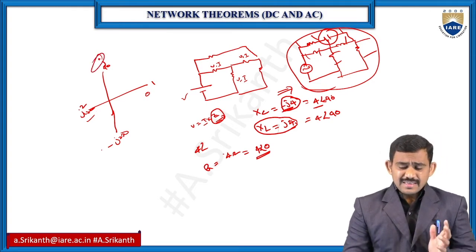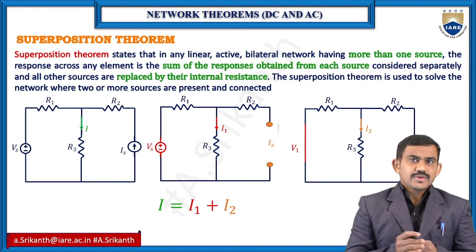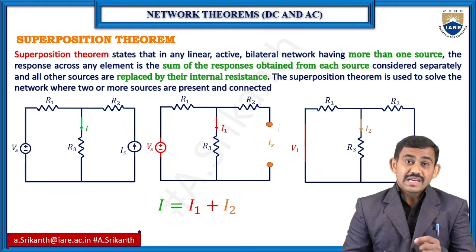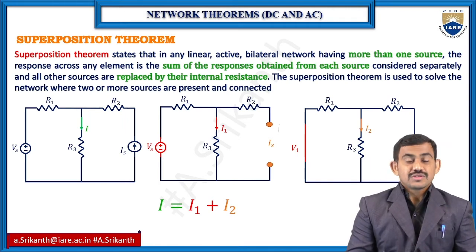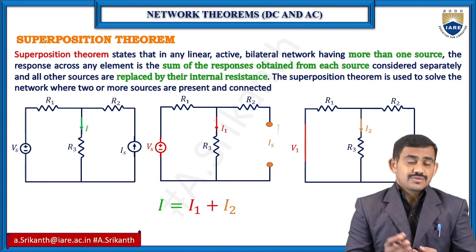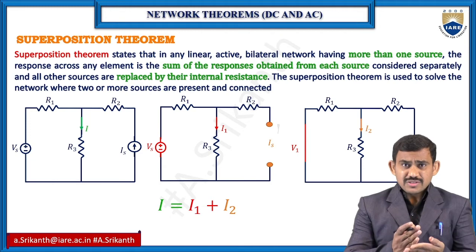Coming to one more theorem, that is the superposition theorem. The superposition theorem means we require more than one source, not one source. It is applicable when we have 2 or 3 or any number of sources.